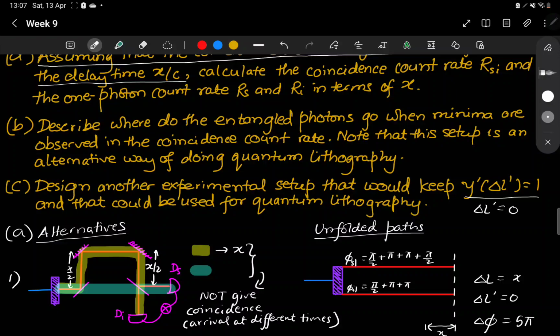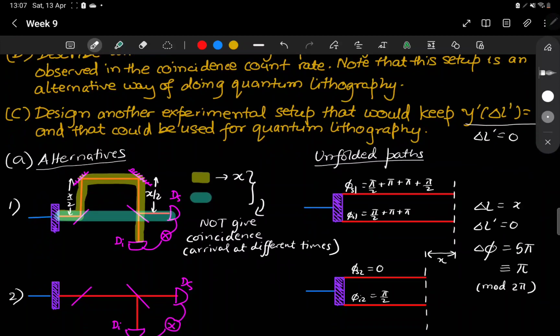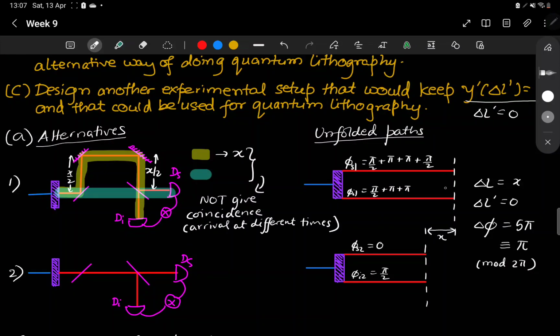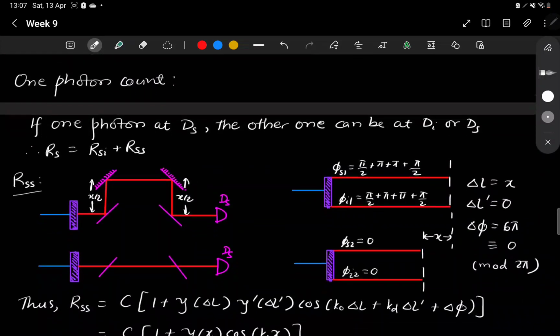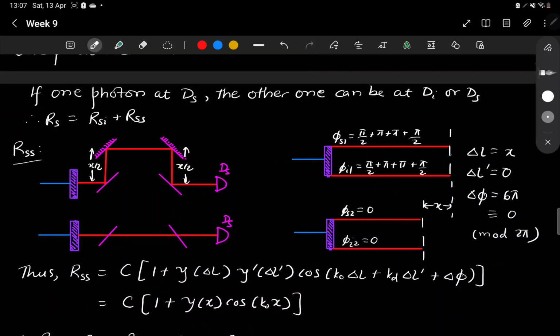So we have to design a setup in which the paths taken by signal and idler have no path length difference. See here, delta L prime is 0 because both the signal and idler paths are of the same length. Similarly, here also delta L prime is 0 because signal and idler paths are of the exact same length.